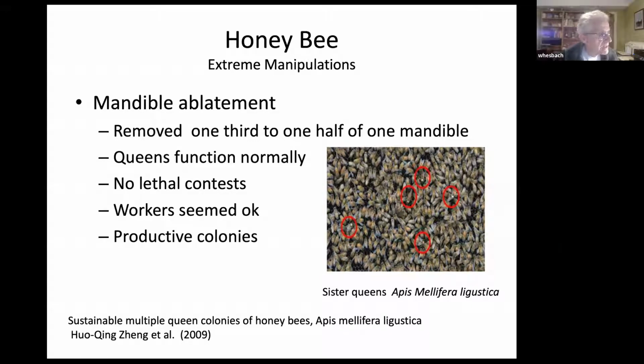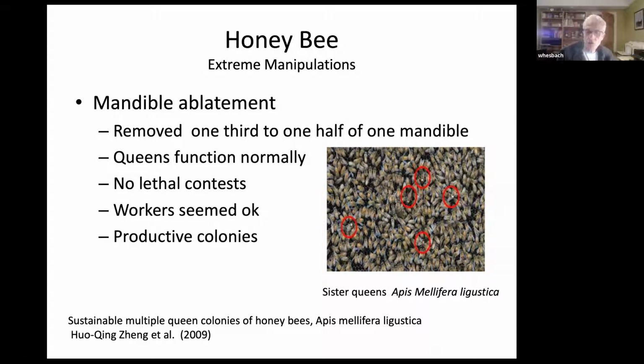The ultimate configuration that he came to was to remove about 1/3 to 1/2 of the mandible on his queens. So that's a little tiny dissecting scissors, and you hold the queen and clip a little bit of her mandible. They called it a bladement. It's just clipping, like you would clip wings.